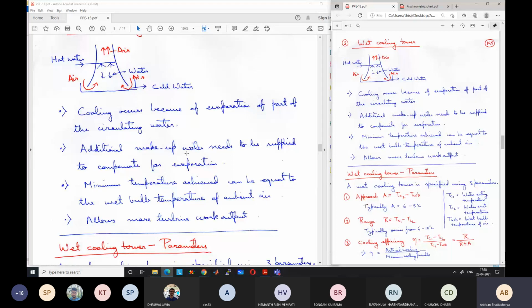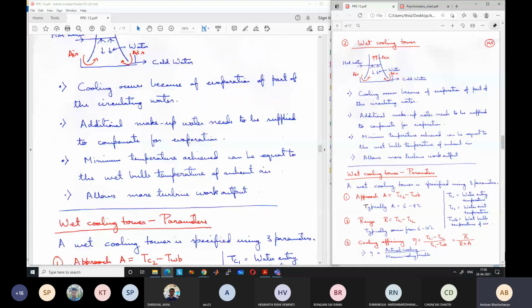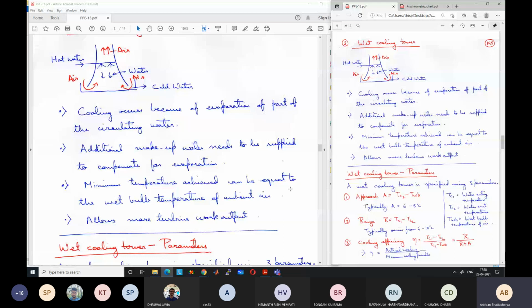Okay, this is needed to compensate for evaporation, and the theoretical minimum temperature that can be achieved is equal to the wet bulb temperature. In real life obviously we cannot achieve that, it will be a few degrees above wet bulb temperature, and because we can go to a lower temperature as compared to dry cooling tower, we can have more turbine work output.